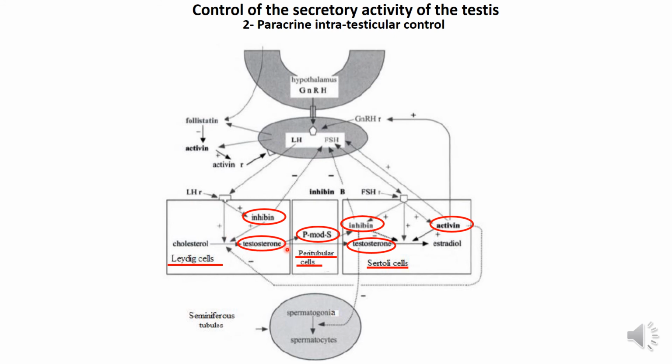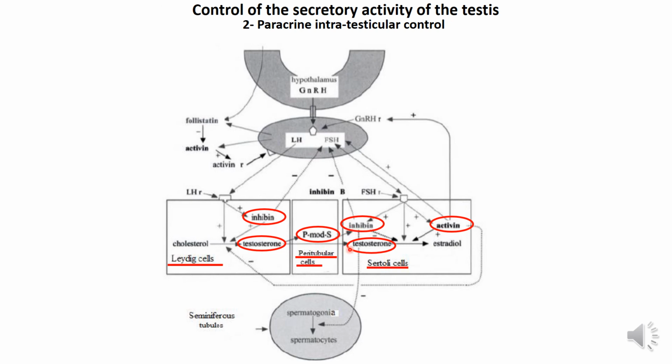This testosterone has receptors on the peritubular cells and on the Sertoli cells, so it can act on both of them. When the testosterone acts in a paracrine way on the peritubular cells, it induces the production of the PModS factor, and this factor can have a paracrine action over the Sertoli cells, so it will induce the production of inhibin in those Sertoli cells.